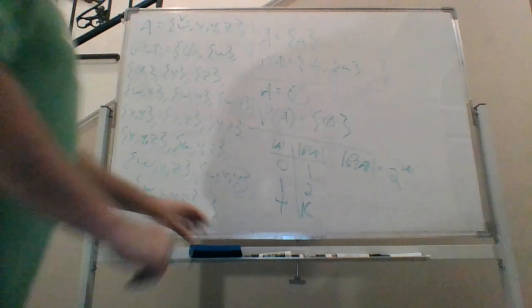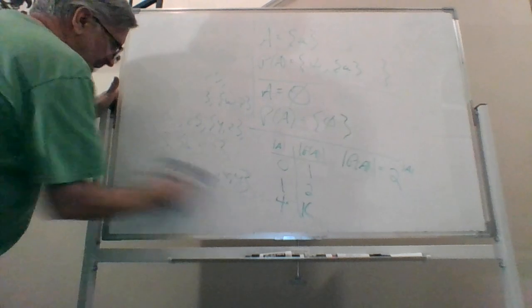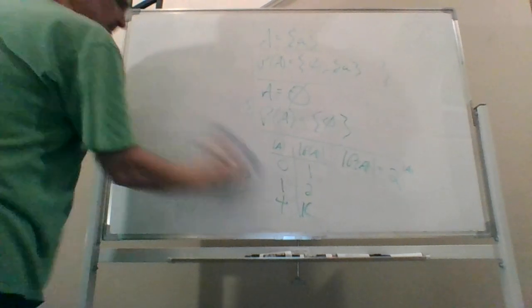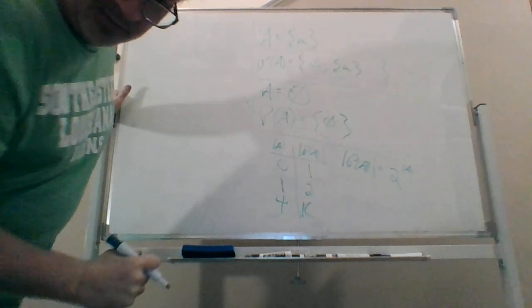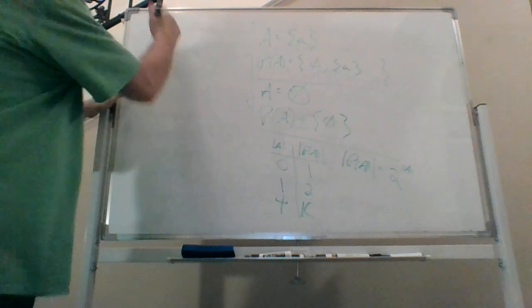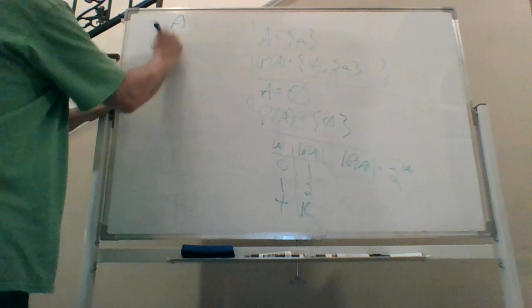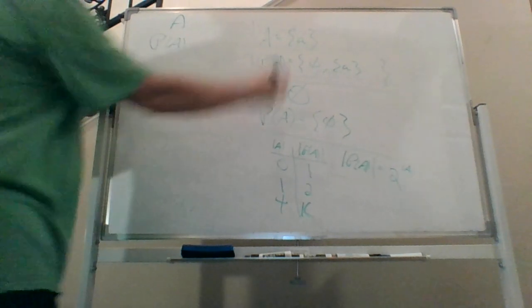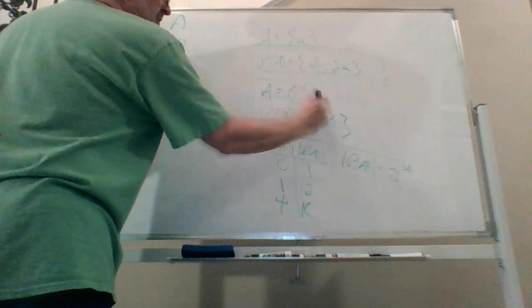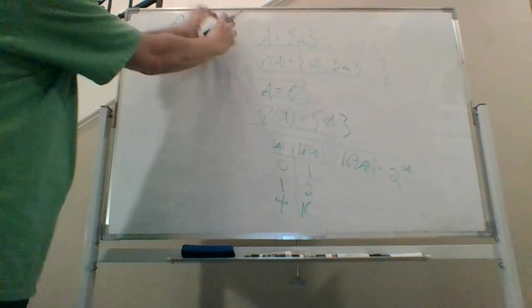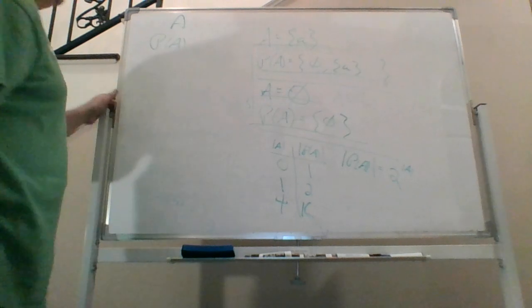And then lastly, I want you to understand the connection here. Now remember the power set: you have a set A. The power set of A is just another set, right? Here's a set, there's a power set. We had a set with a lot of sets in the power set.